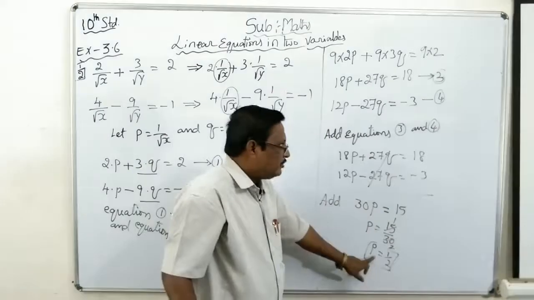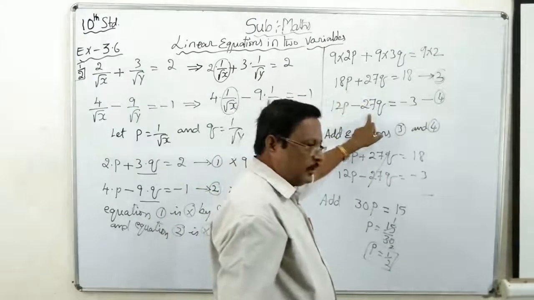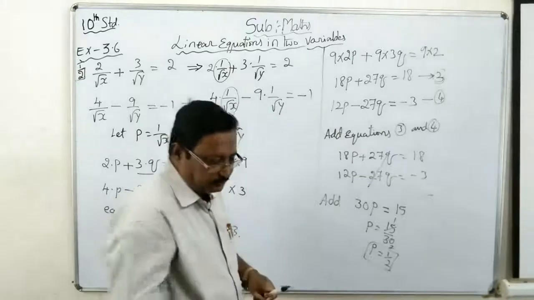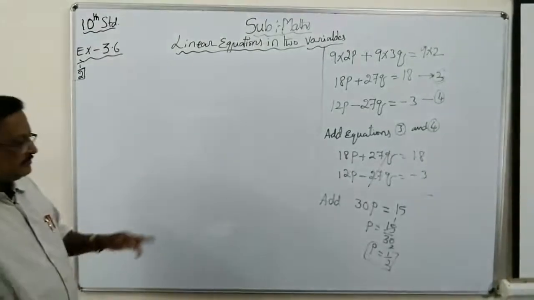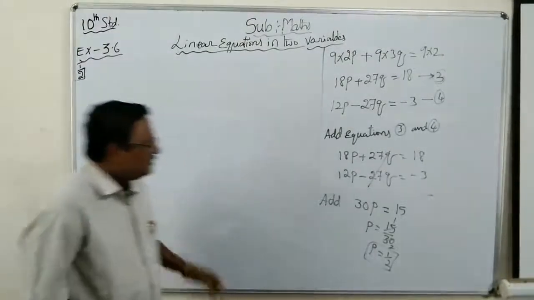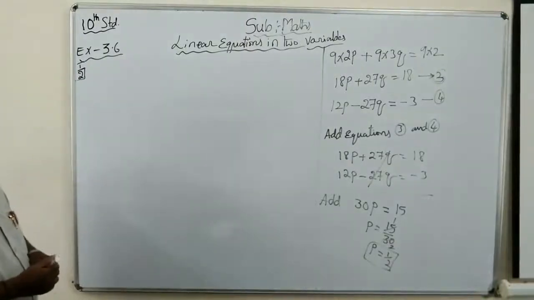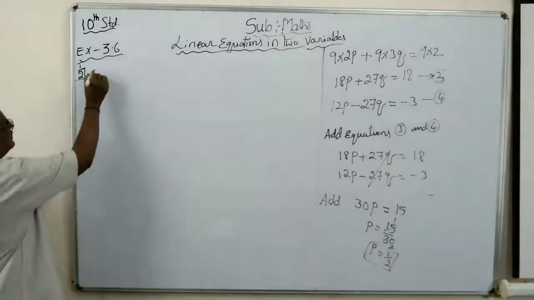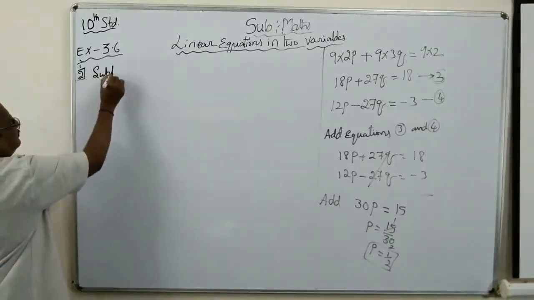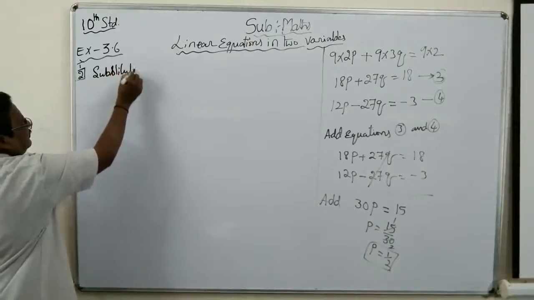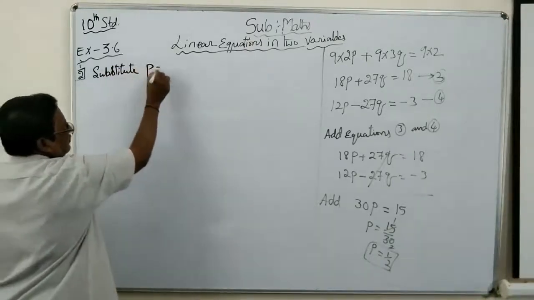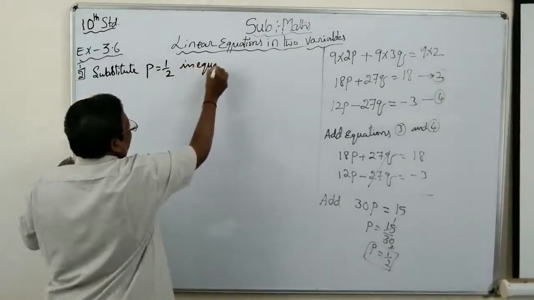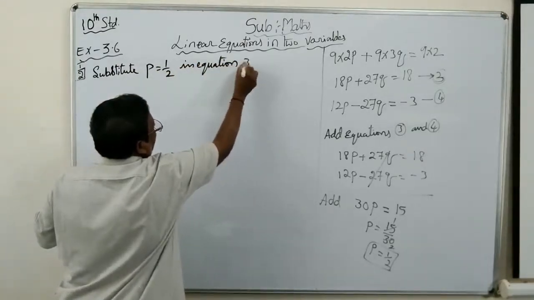P is equal to 1 by 2, substitute in equation 3 or 4, any one of the equations. Then you will get the q value. Substitute p is equal to 1 by 2 in equation 3.